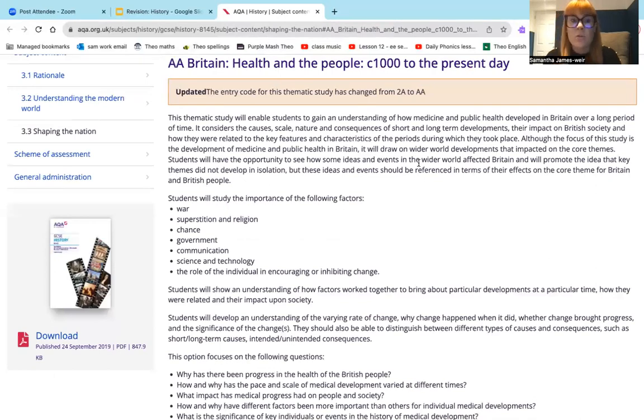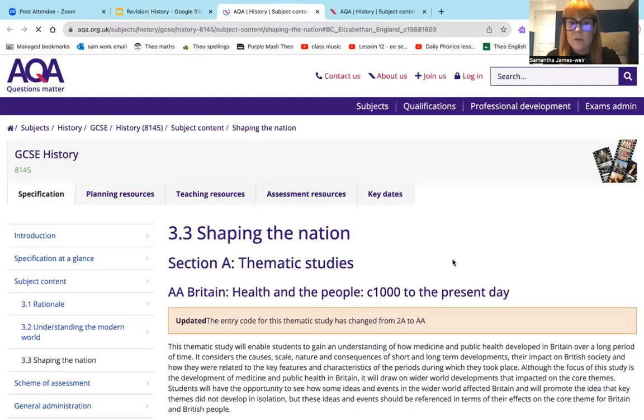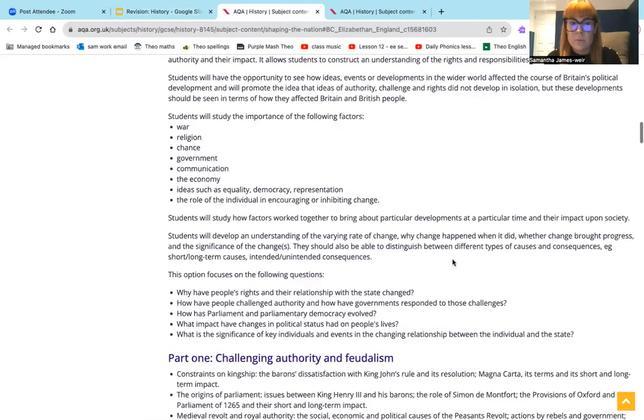Now, they're not allowed to get asked on anything that is outside the remit of this content. So as long as they know what is in here, then that's great. There isn't anything additional that they'll need to know. And I have hyperlinked every one. So that was health. You've got Elizabethan England that comes up. And if you pop down to it.